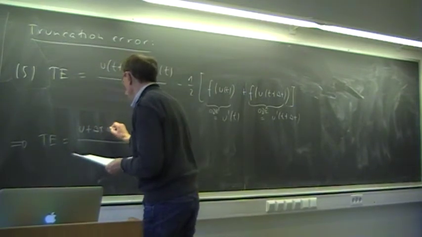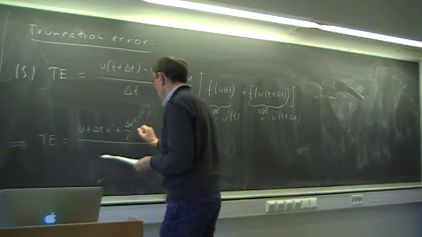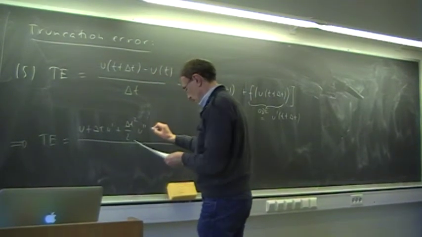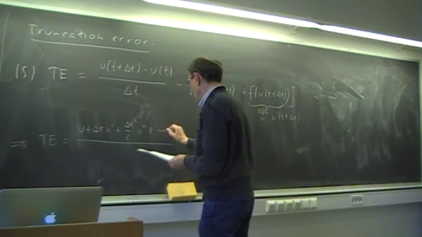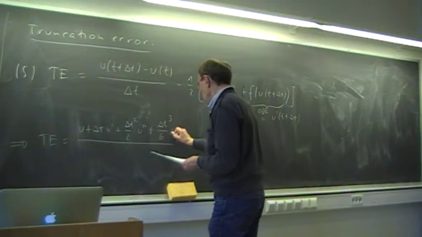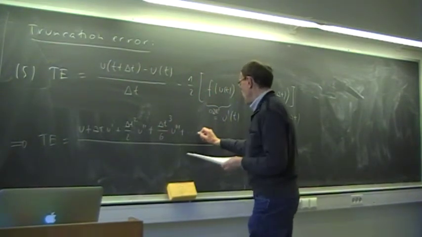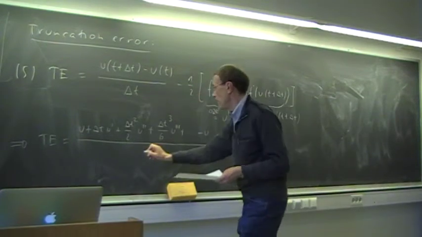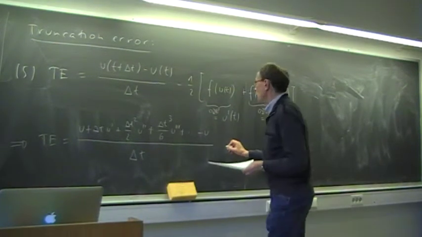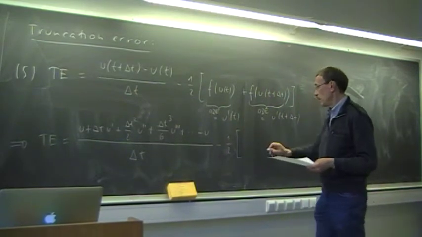Plus delta t u prime plus delta t squared half u double prime, and I take also the next one, delta t to the power 3 divided by 6, third derivative, plus higher order terms, minus u from here, divided by delta t. So minus 1/2, then we don't need to do anything here.